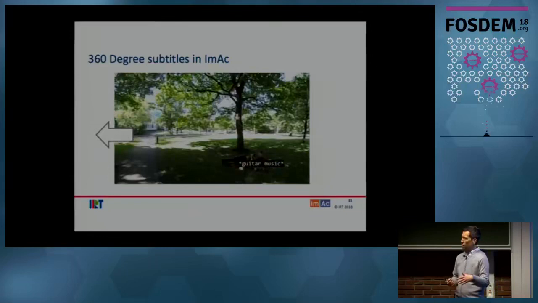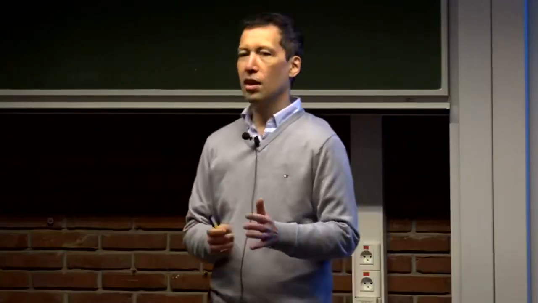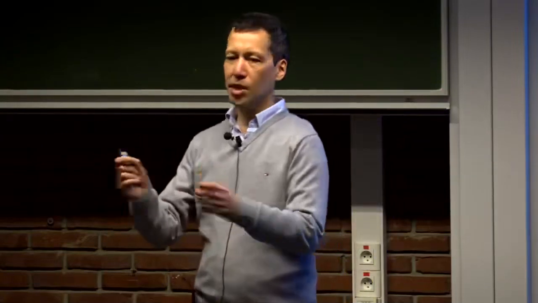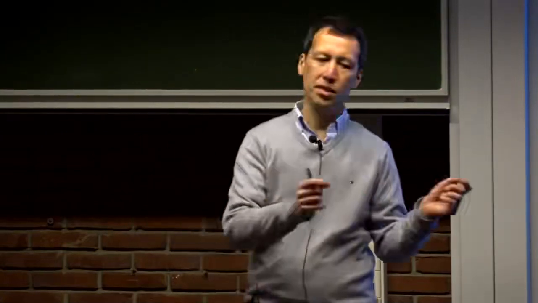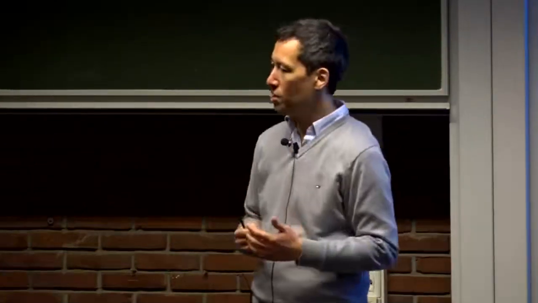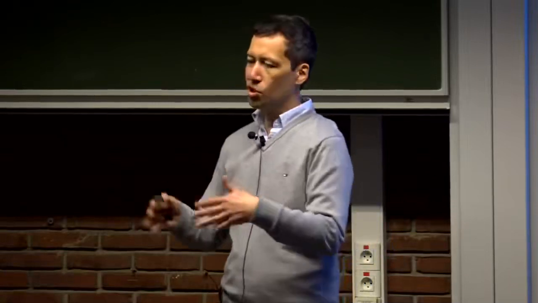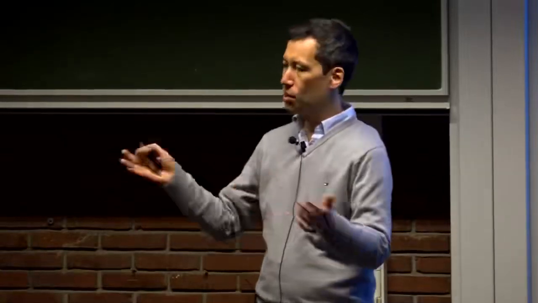If you have, for example, positioned subtitles that should stay regardless of where you are in this 360 degree environment, then you need to change the position based on the user actions.